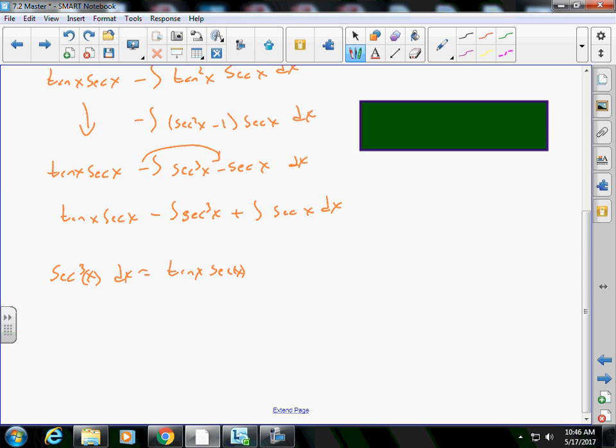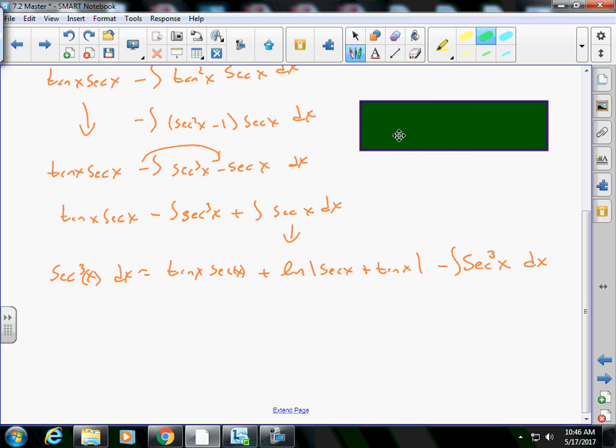And then this part here I can integrate, plus, and this is going to be on your sheet, remember, the natural log of secant x plus tan x, minus the integration of secant x dx cubed.